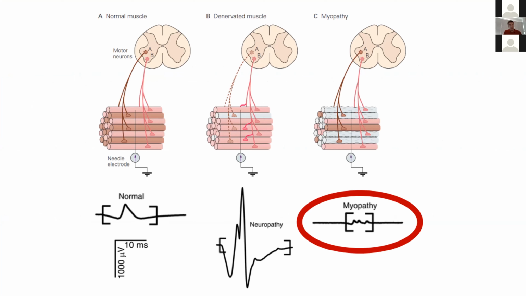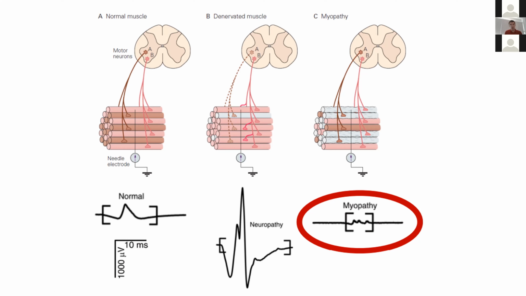In a denervated muscle, the death of an axon puts a stress on the other innervated muscle fibers. So here we have denervation. The death of this axon puts a stress on this axon to fire harder, to fire more frequently towards those muscle fibers.